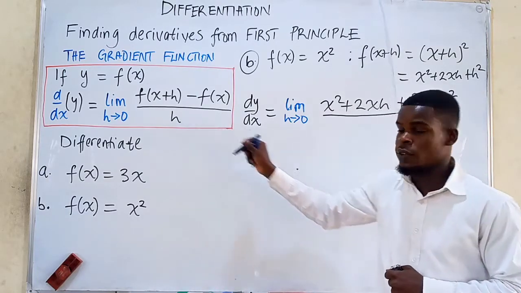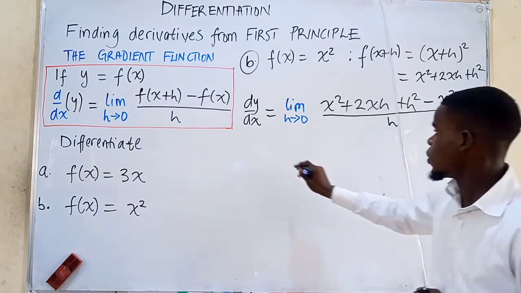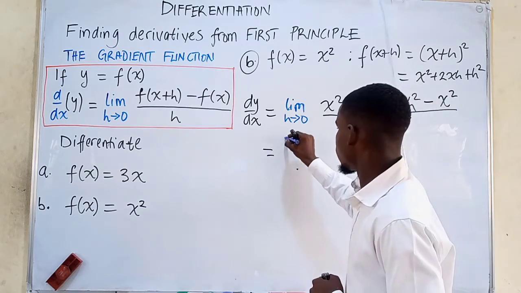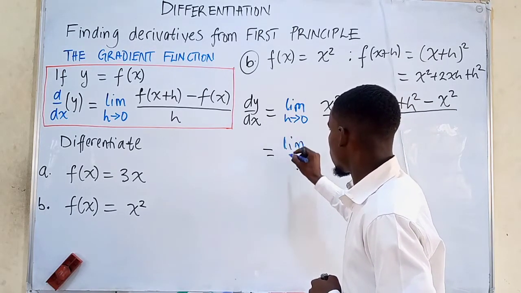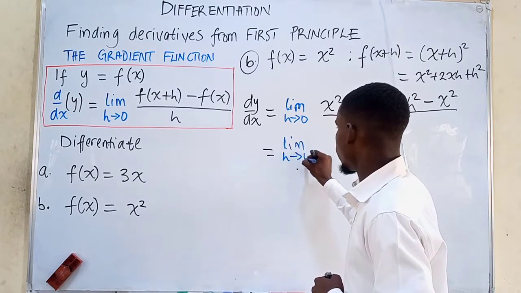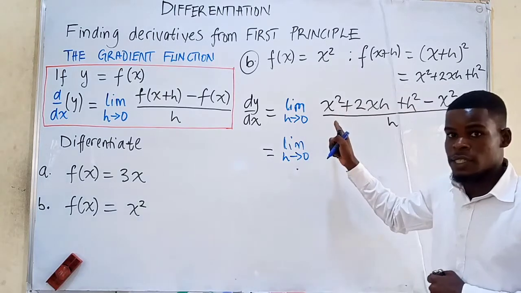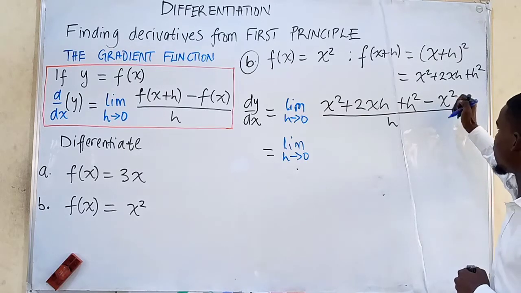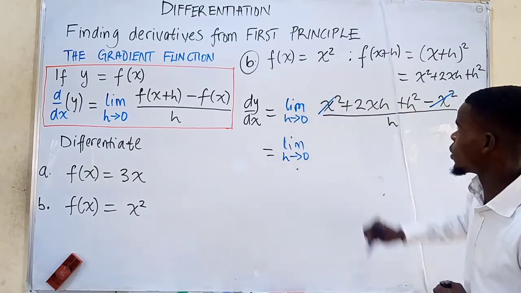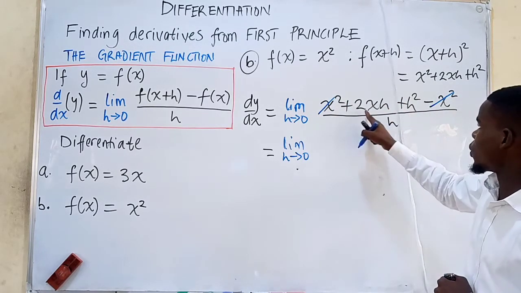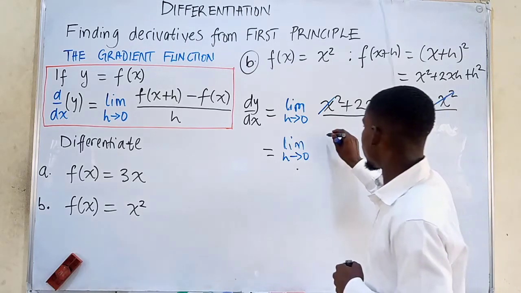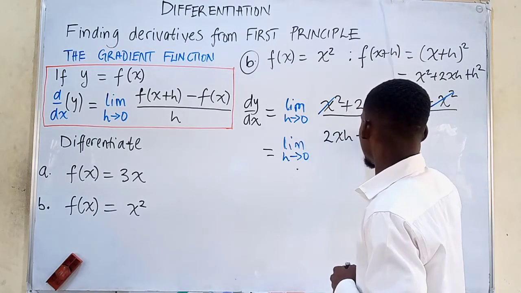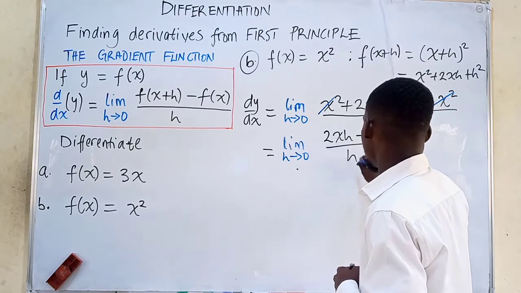Here we're going to take the limit as h tends to 0. Now, see the simplifications here. x squared minus x squared, they are equal and opposite in sign, so they get to 0. And we end up with 2xh plus h squared, all divided by h.